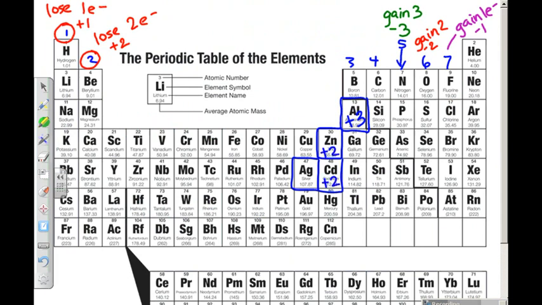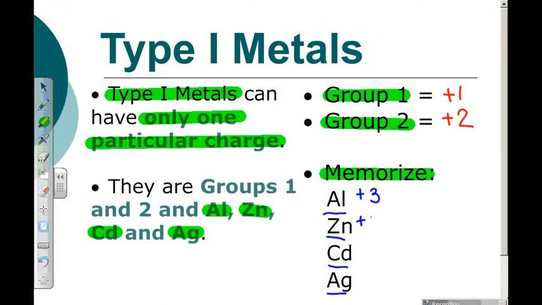Zinc and cadmium both always have a charge of +2. I can remember that because they're 1 column left of the +3 aluminum. Next comes silver, who's 1 more column to the left, so decrease that number by 1 more, and you find that silver always has a charge of +1. I would recommend that you write these on your periodic table. Let me fill in the numbers here.